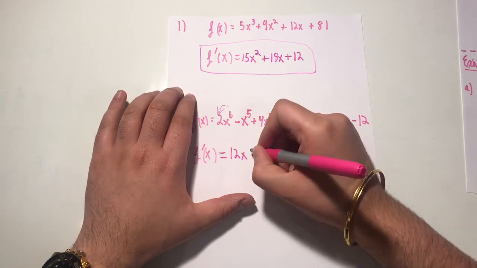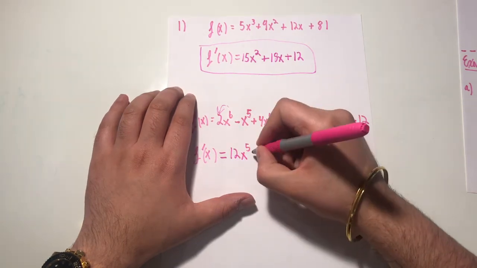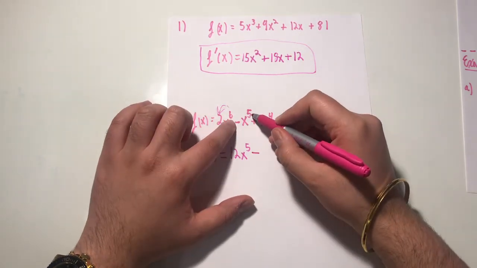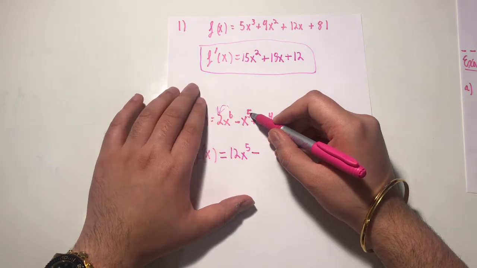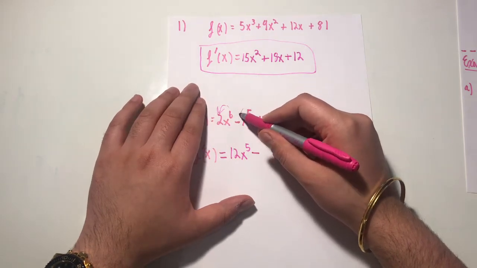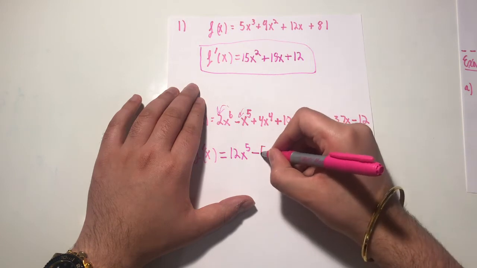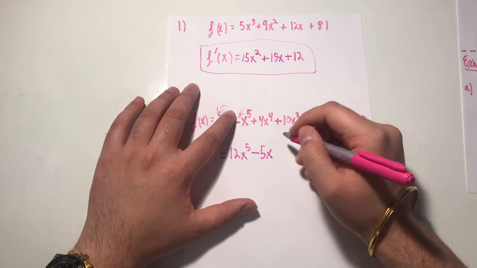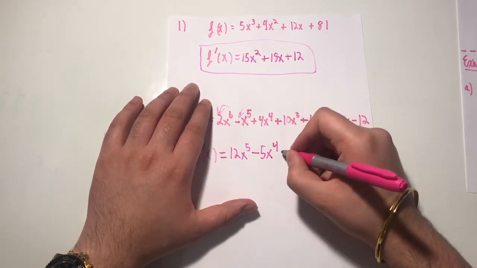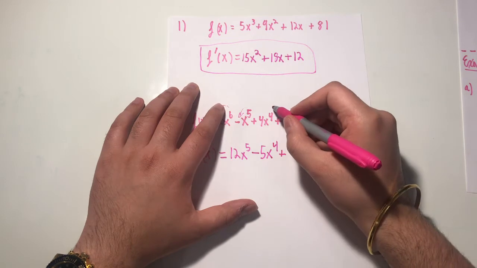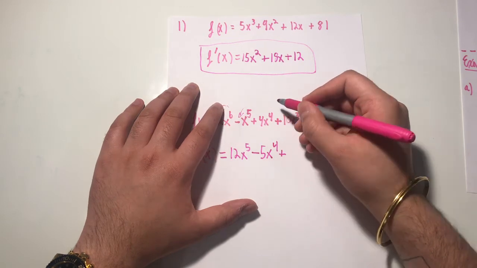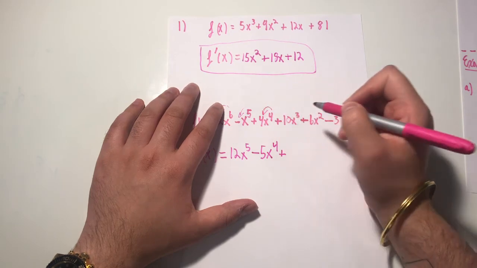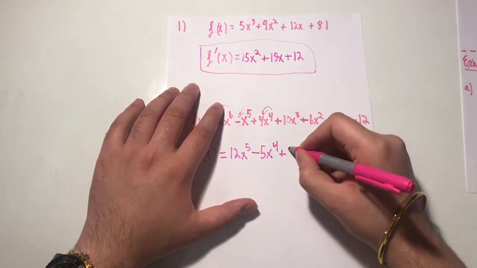And that's becoming 12x to the 5th, minus our next thing, which is x to the 5th, and we take the 5, multiply it with the existing negative 1 to get a negative 5, x raised to the 5 minus 1, which is 4, plus, like I've been saying, we take our existing exponent, multiply it down with this 4. 4 times 4 is 16.